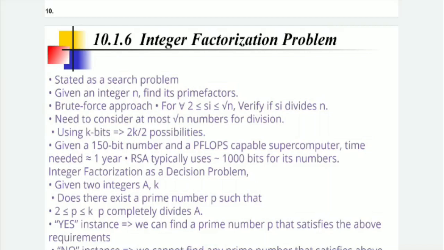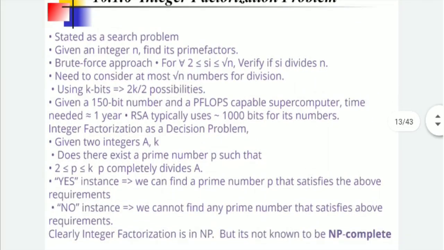Integer factorization as a decision problem. Given two integers a, k, we have to check whether there exists a prime number p, such that p belongs to 2 to k, and p completely divides a.